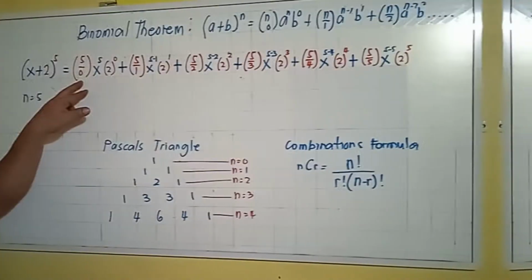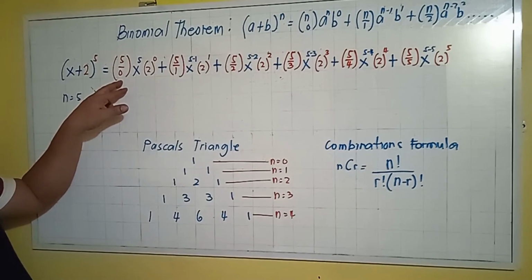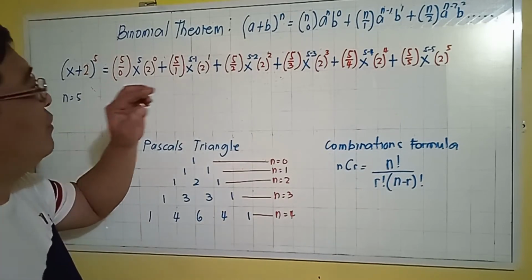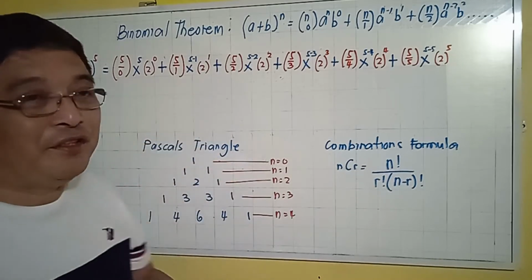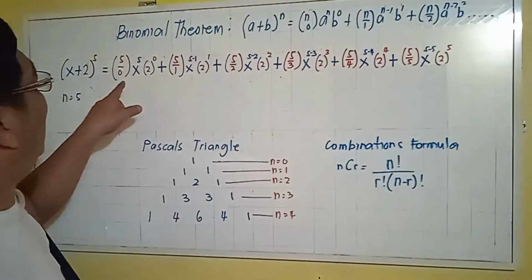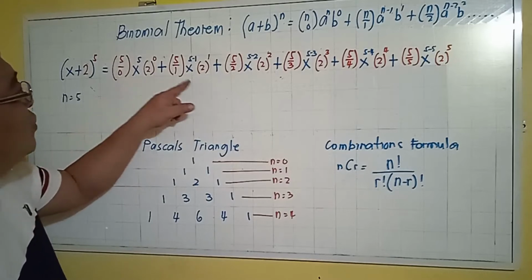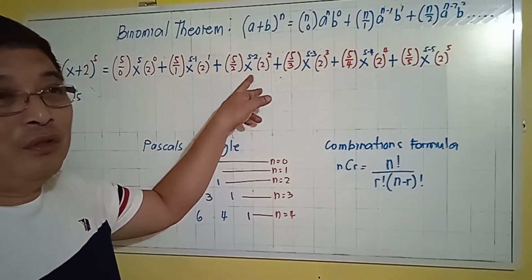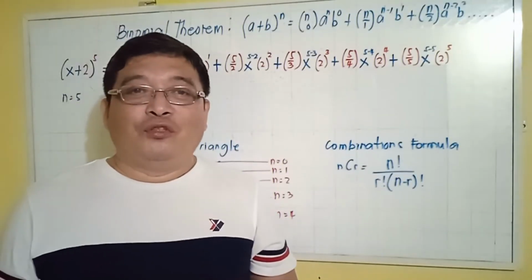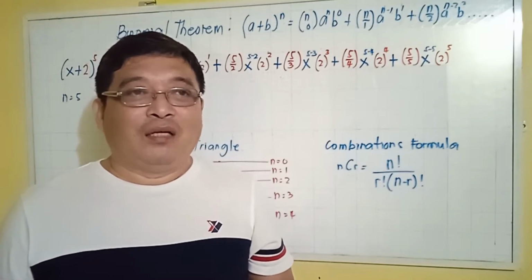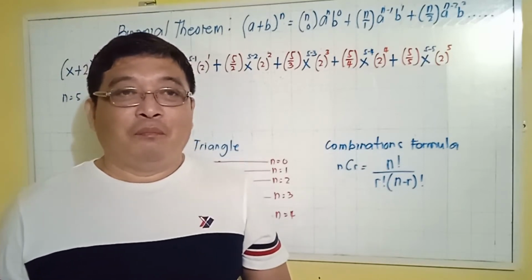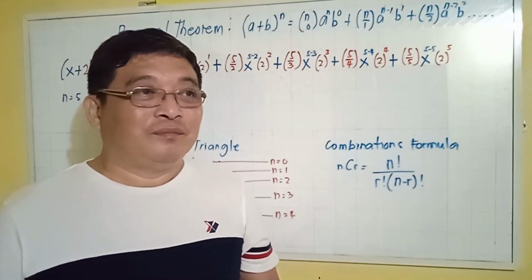If it started from 0, ang ibig sabihin yan, if you are looking for our r at the third term, our term is 1, 2, 3. So meaning, your r is equal to 2. If you are looking for the third term, para makuha mo yung value ng r, you have to subtract the number of term minus 1.